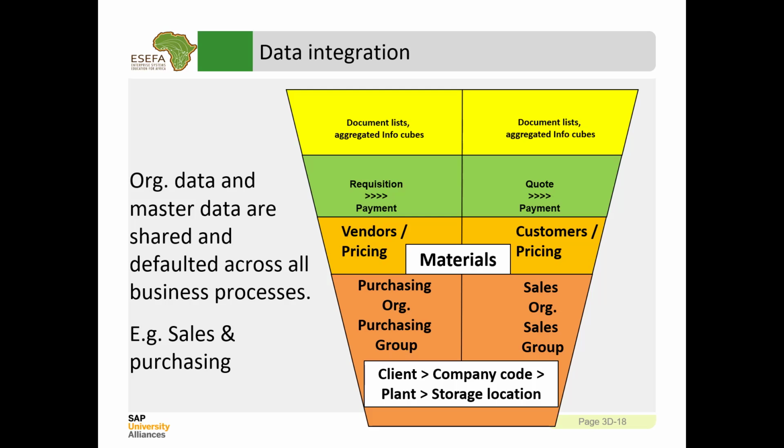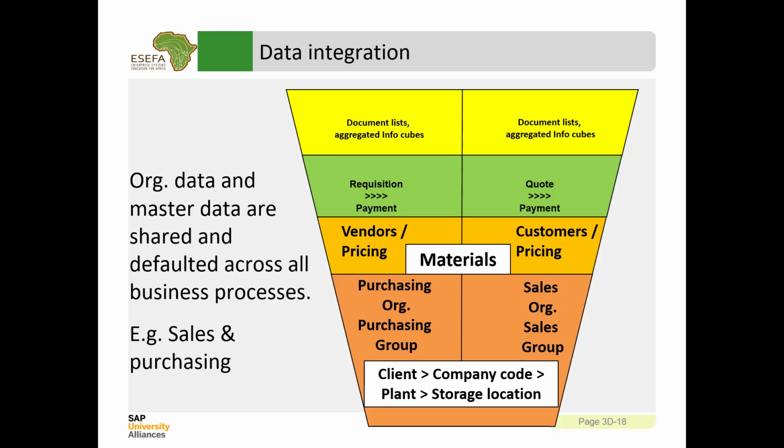Requisitions are made from the bank to the vendor. A quote is made to the customer. All these documents are aggregated into cubes and stored centrally. So if I look at a vendor who supplied bicycles and bicycle frames, I can see the vendor, his pricing, the date, and a purchase order requesting that.